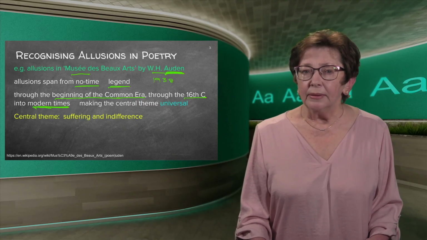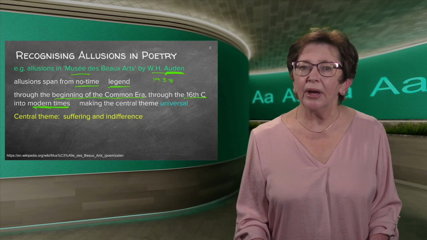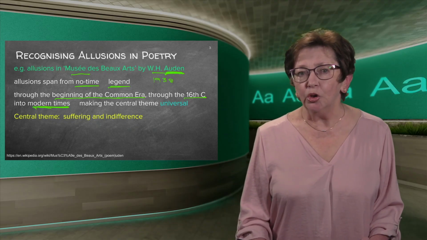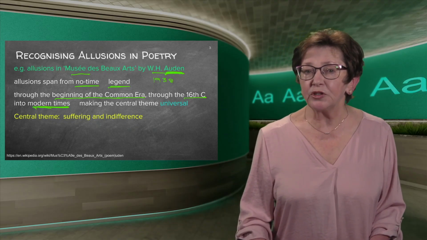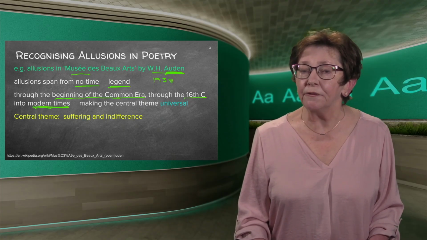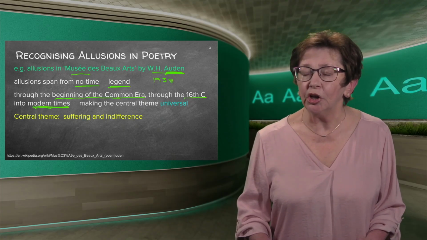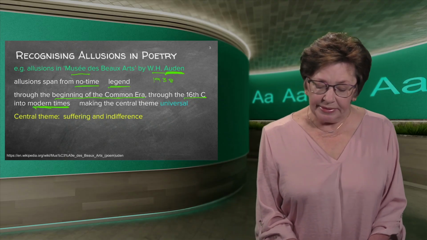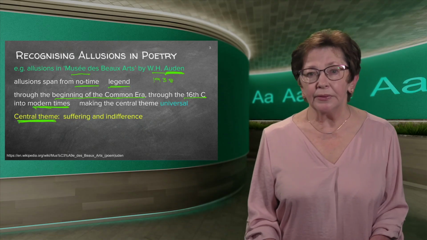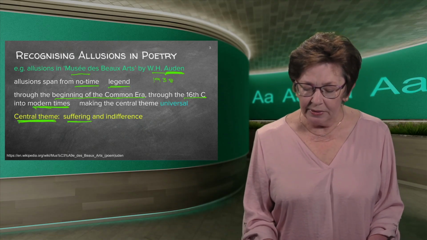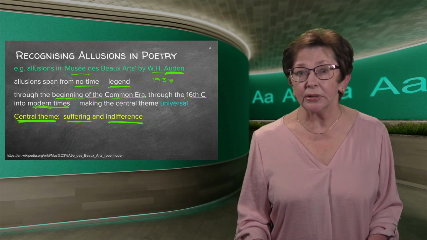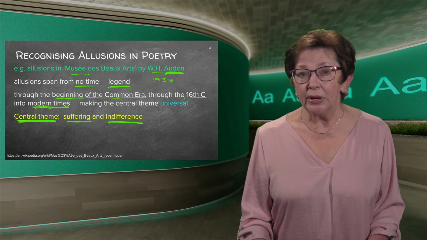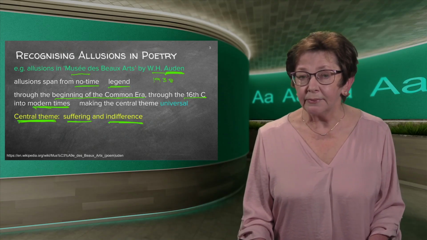Now, you can guess, and I'm sure you have already guessed, that the use of the allusions in this specific poem is going to give this poem a certain universal appeal. Because the central theme in this poem is suffering versus indifference.